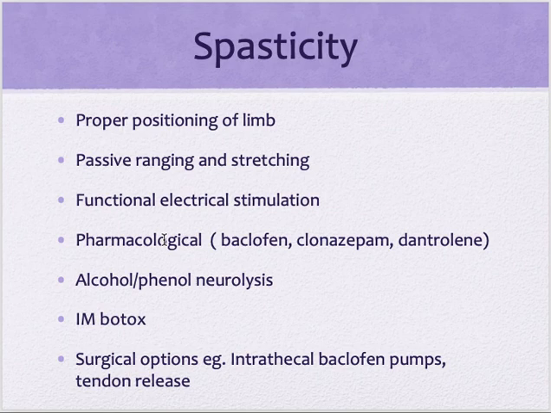Okay, they are given to patients with spasticity, and to patients who have muscle cramps. Of course, the same drugs can be given to stroke patients because spasticity is very common. So spasticity develops and the patient feels pain as well.